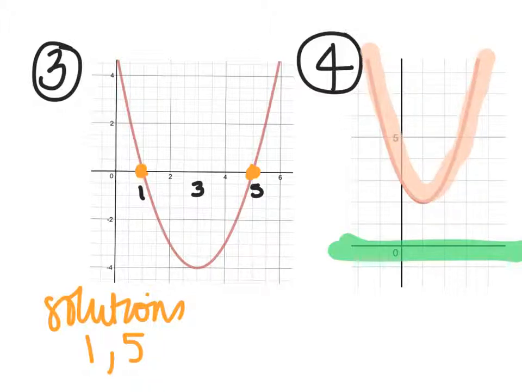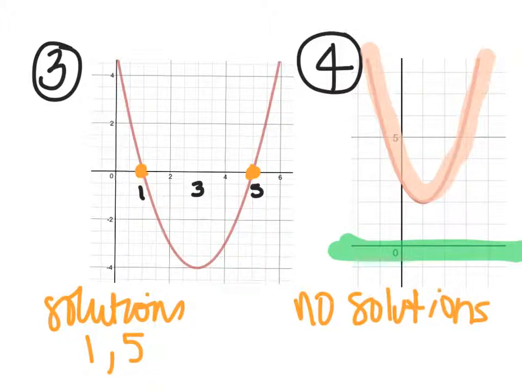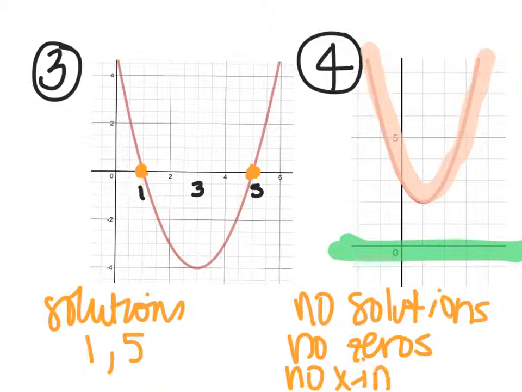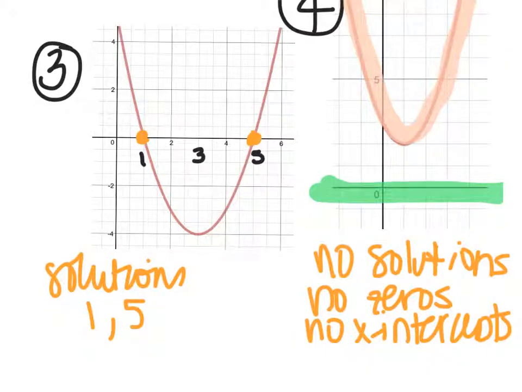And notice they never intersect, so that tells us that this graph has no solutions, which also means that it has no zeros, no x-intercepts, and no roots, because it never touches the x-axis.